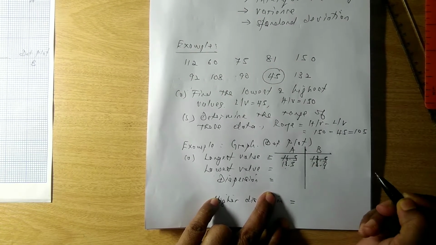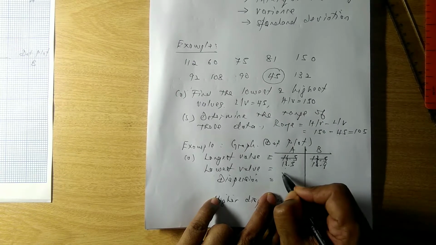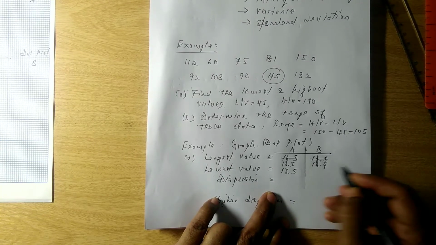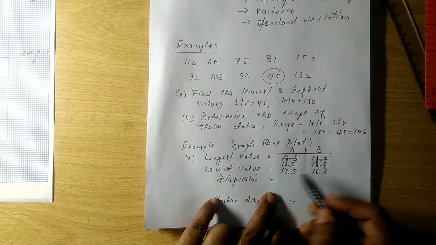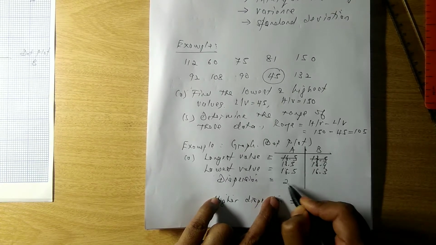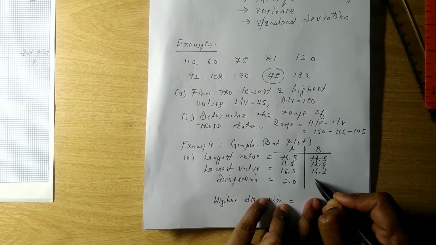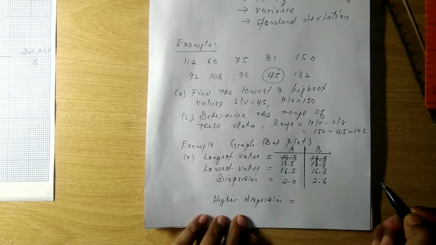The lowest values are 16.5 for A and 16.3 for B. So the difference here is 2.0, and here it's about 2.6.